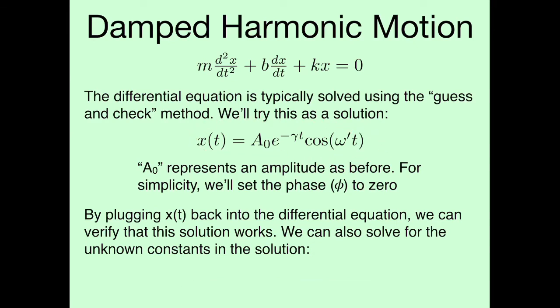And furthermore, we know what the constants are, gamma and omega prime, in order for the solution to work. Again, gamma has to be b over 2m, and omega prime has to be the square root of k over m minus b squared over 4m squared. Okay, so that's what we've got for the damped harmonic oscillator.